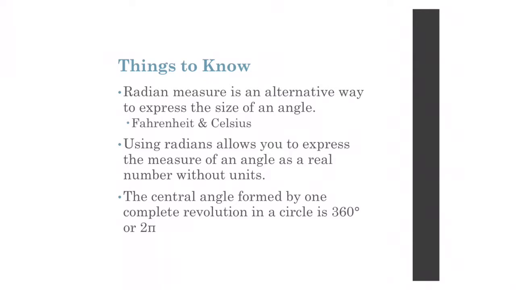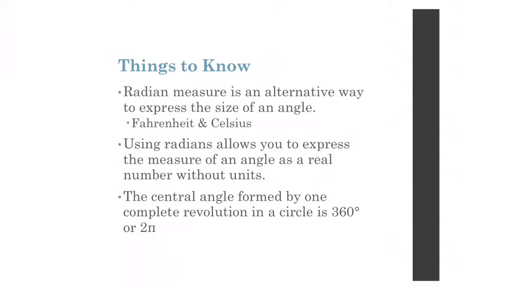They both are discussing temperature, just different ways of describing the same thing. So radian measure is just another way of describing the size of an angle. Using radian measure is going to allow us to express angle measurement in much more detail as a real number without any units. So there's no symbols to put at the end.